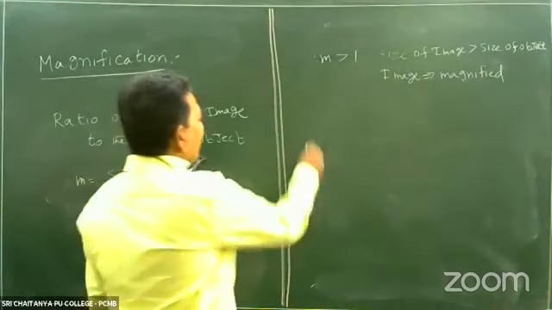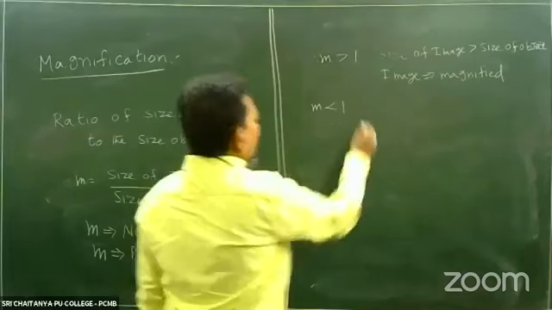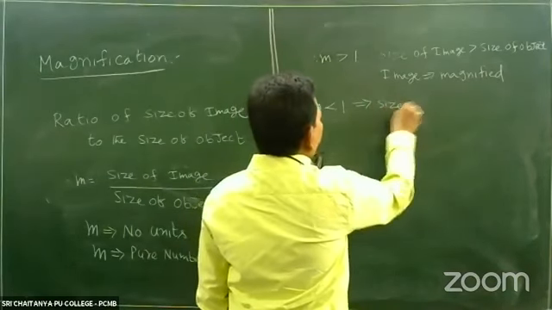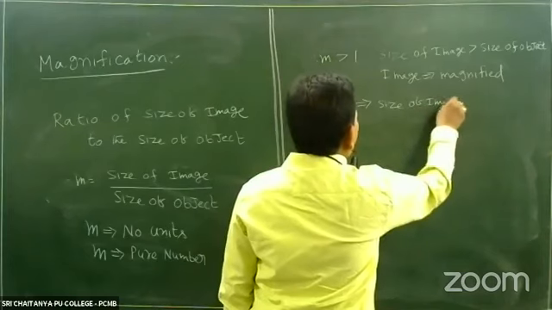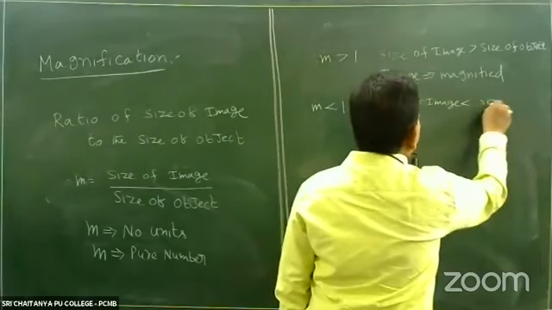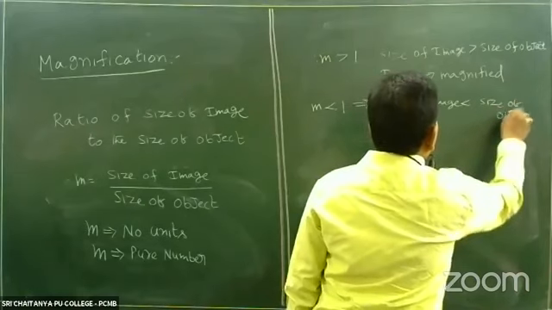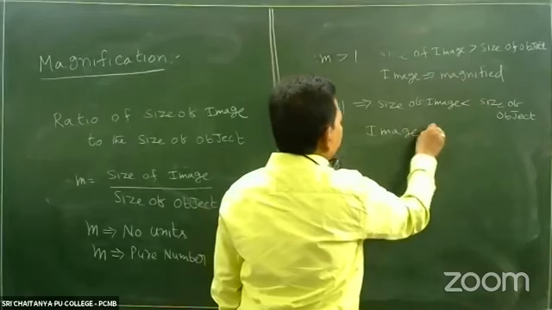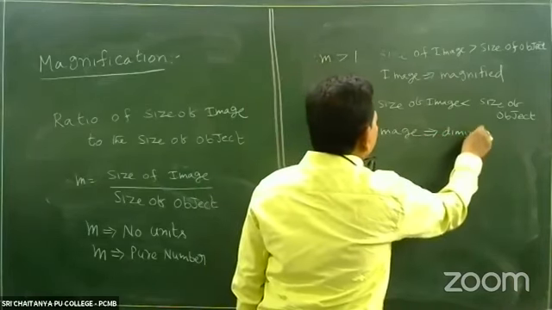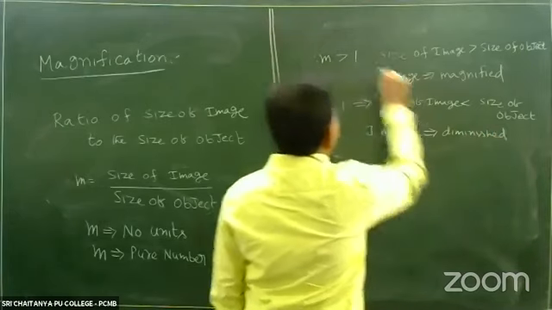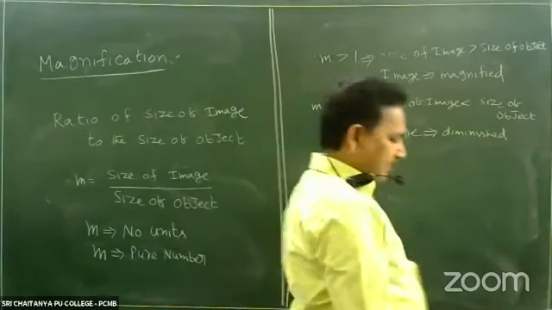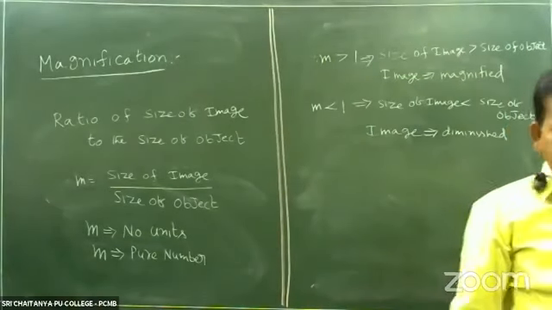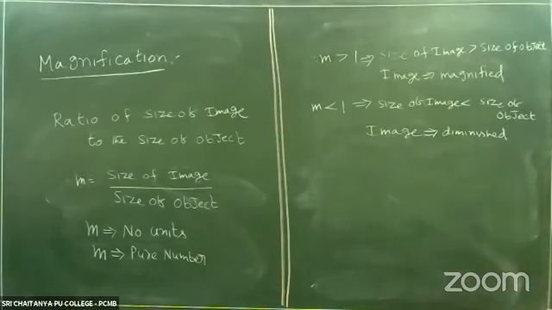M value less than 1, which means that size of image is less than size of object, which means that the image is a diminished image. We will get the image may be a magnified image, or the image may be a diminished image.